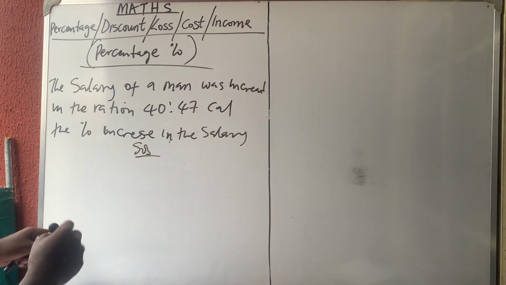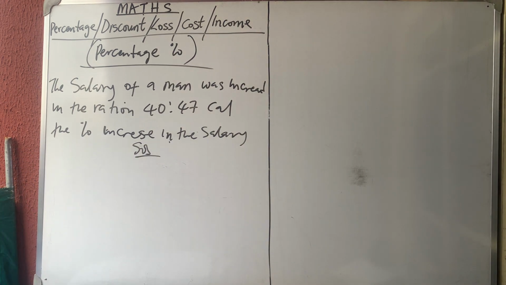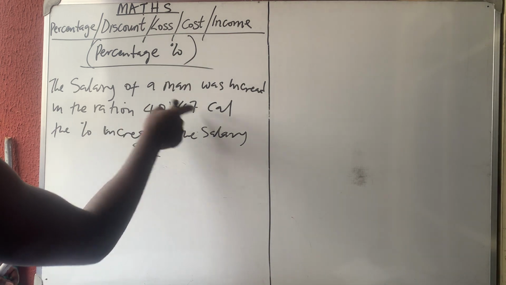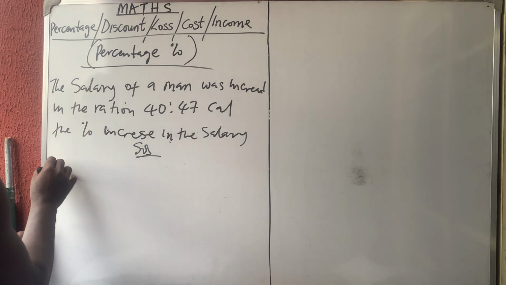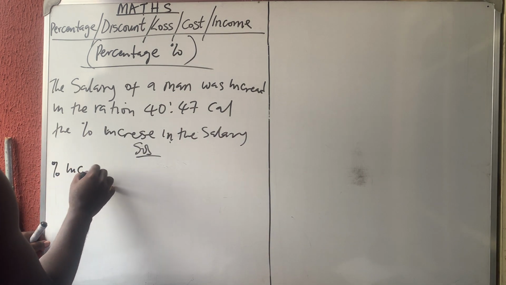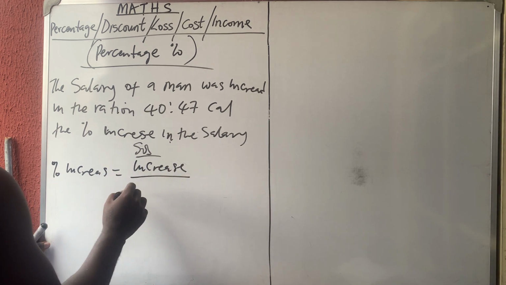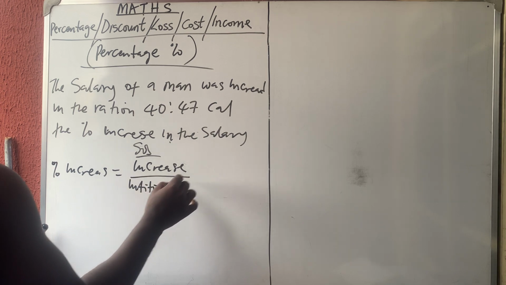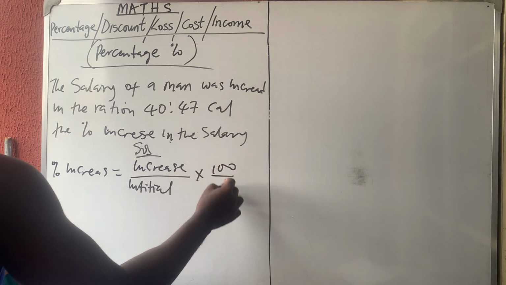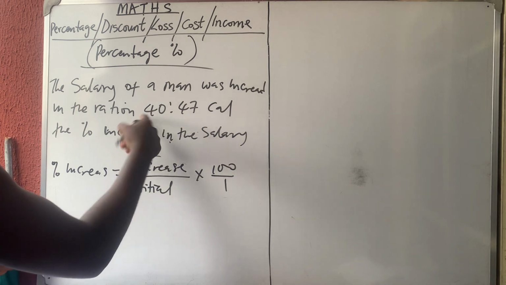Solution. Now this is very, very simple. It was increased from this to this. Don't forget that the percentage increase is simply the increase over the initial one times 100 over 1. Very simple formula. The increase is what was added.